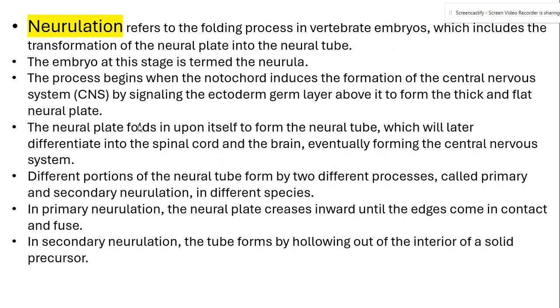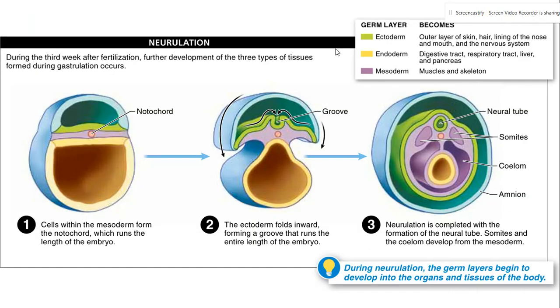They come together, they go inside and come together, yeah? In secondary neurulation, the tube forms by hollowing out the interior of a solid precursor, yeah? All right, so neurulation refers to the folding process of vertebrate embryos, which includes the transformation of the plate into the tube. So it goes from a neural plate into a tube.